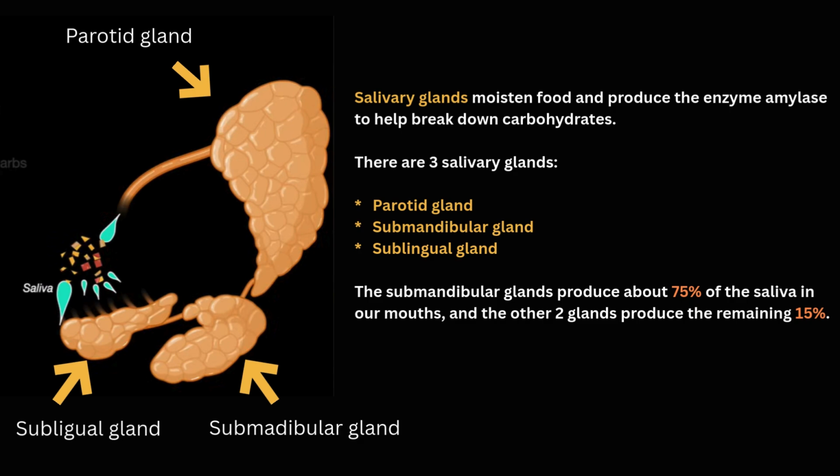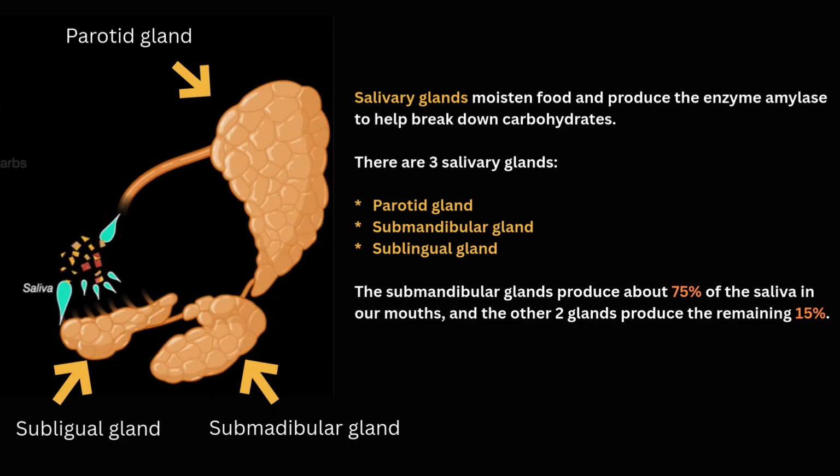Now, for the saliva glands, we actually have three: the parotid gland, the submandibular gland, and the sublingual gland. Those saliva glands release saliva itself, and the saliva contains the enzyme amylase, which breaks down carbohydrates like starch into glucose.